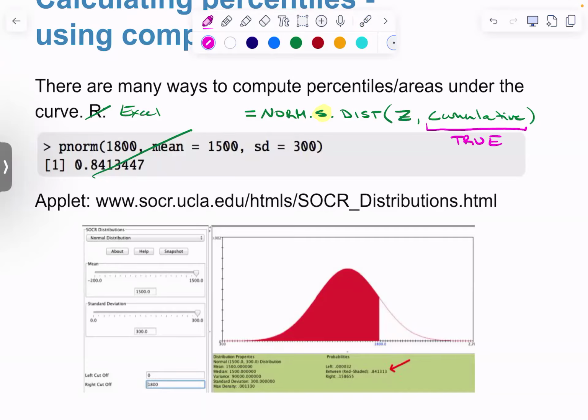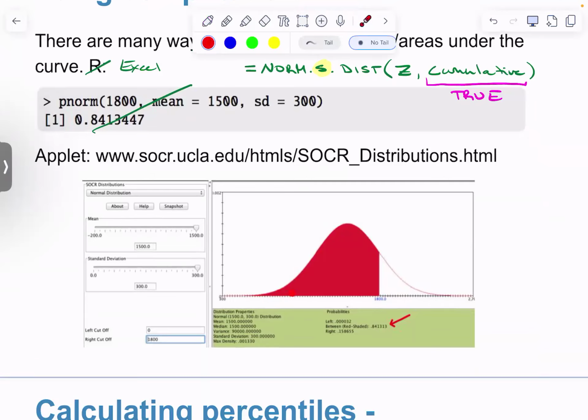What does cumulative mean? Everyone always asks me at the beginning of the term, is the exam cumulative? It means everything up to and including the final exam, right? And it means the same thing for the normal distribution. It means the entire area up to and including that point. And so for the normal distribution, we will always use true.